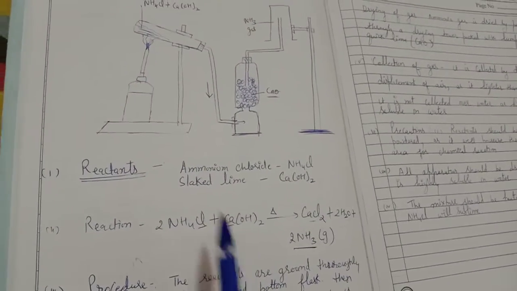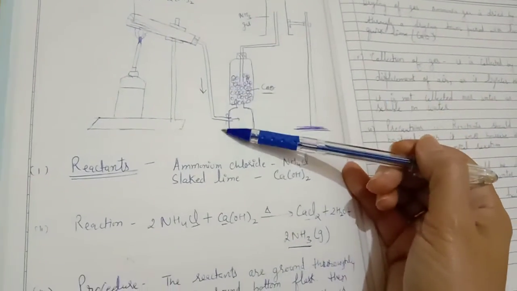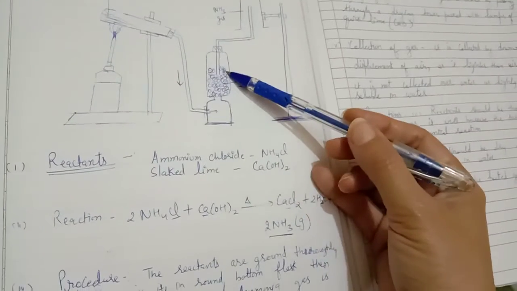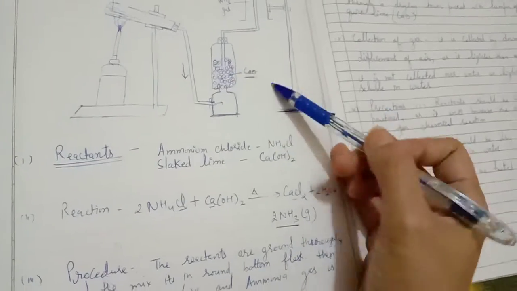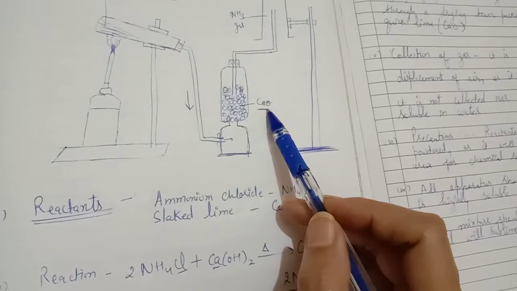After heating, the gas is produced, and with the help of the delivery tube, the ammonia gas comes out and is passed through calcium oxide for drying.